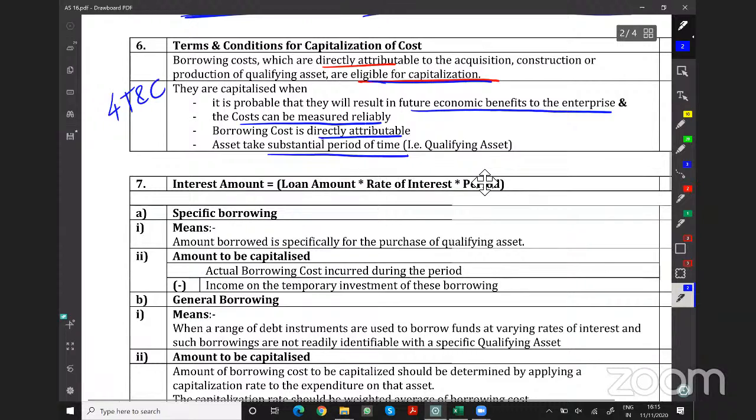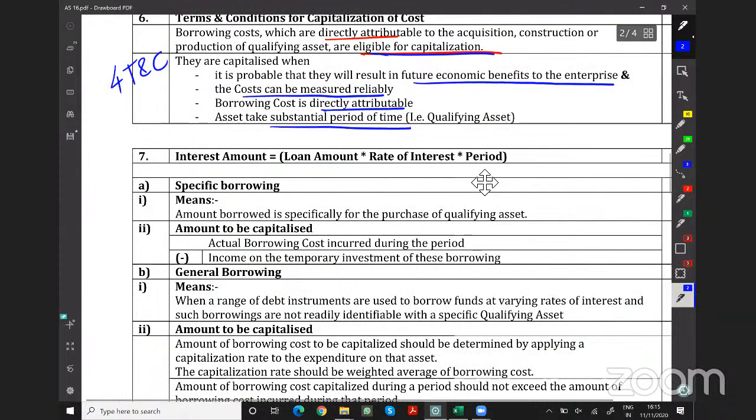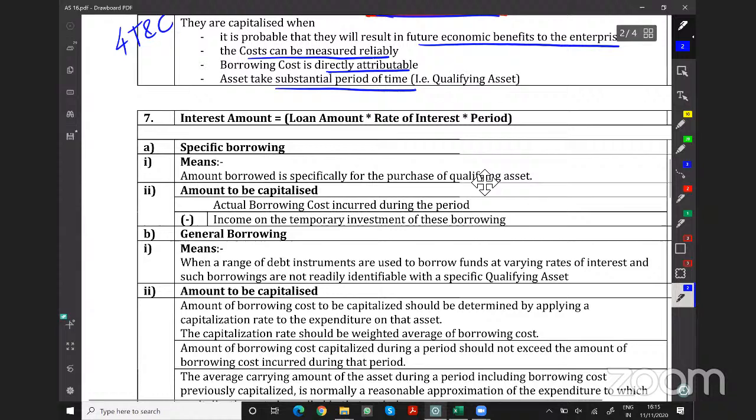So how to calculate? Sir, what will be our borrowing cost? Borrowing cost is nothing but the loan amount into rate of interest into period. This will be termed as my borrowing cost. So if I have taken a loan of 10 lakhs to buy a car, the loan is directly or specifically relating to that car.